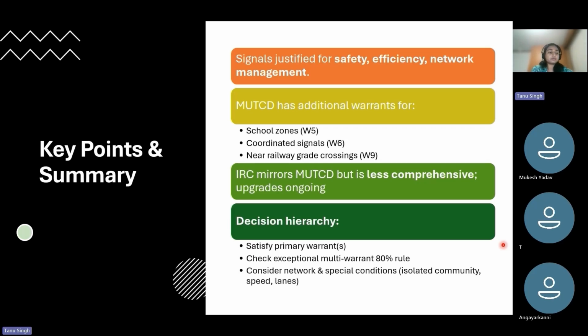The decision is hierarchical. Firstly, satisfy the primary warrants, then check the exceptional multi-warrant 80% rule, and also consider network and special conditions such as isolated communities, speed adjustment, or the number of lanes present on the major and minor streets.